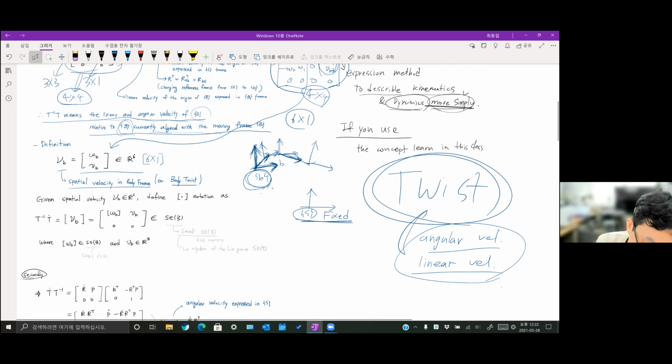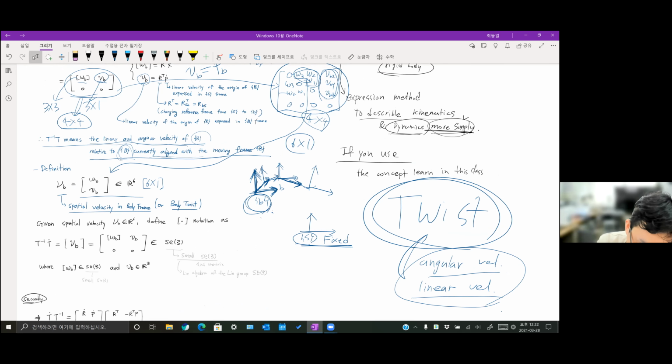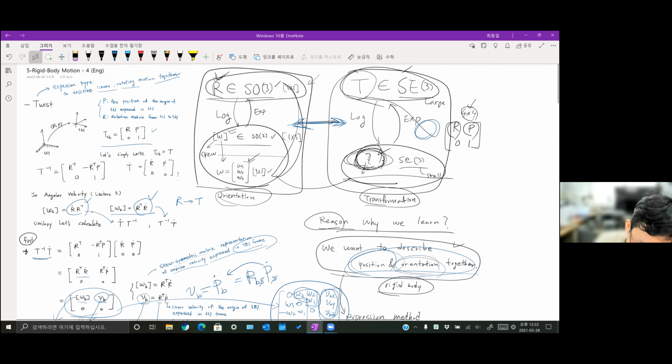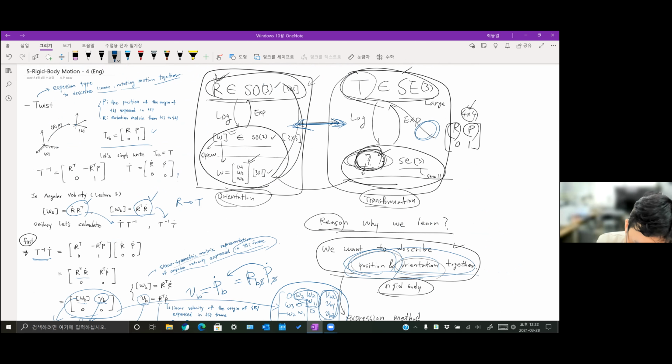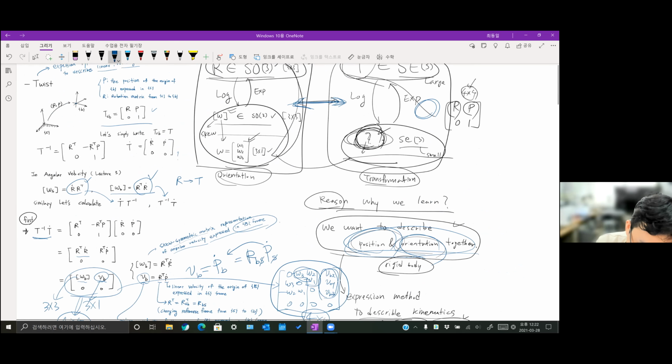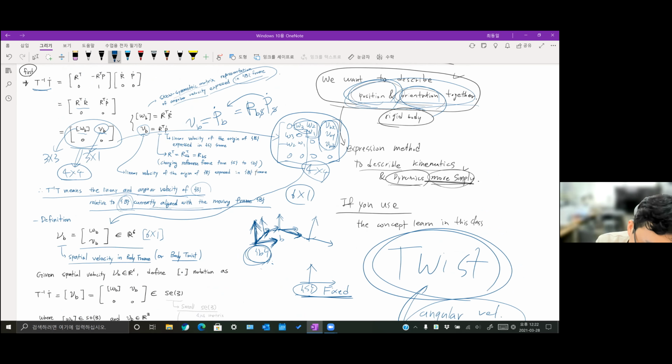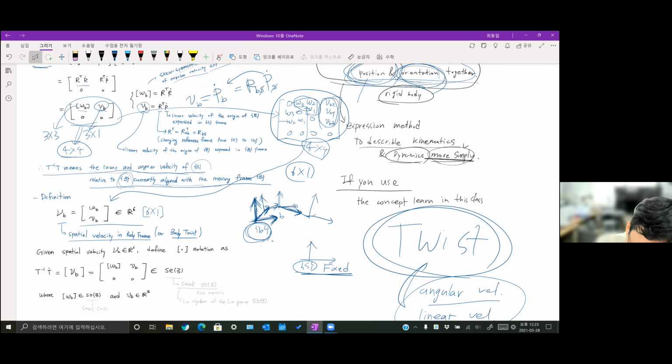As I already told, we want to describe position and orientation together. The derivative of position means some kind of linear velocity, and the derivative of orientation means some kind of angular velocity.